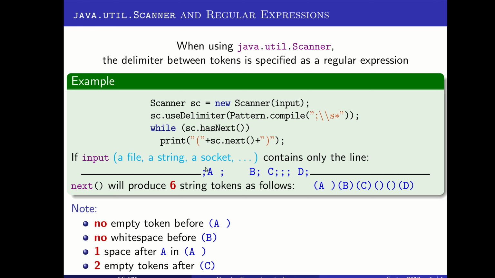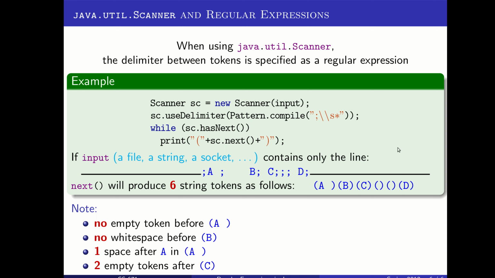It leaves the space after A, as I mentioned, because its rule is not a semicolon with spaces before it. Its rule is semicolon with spaces after it. So it doesn't touch the space that comes before the semicolon. It does create empty tokens here, and we would have empty results that we would print out with this code that's shown here.